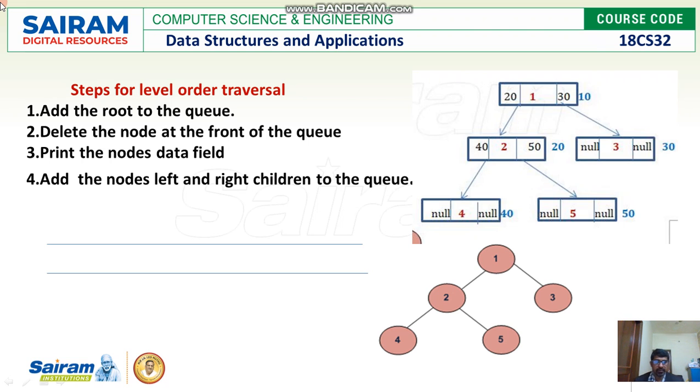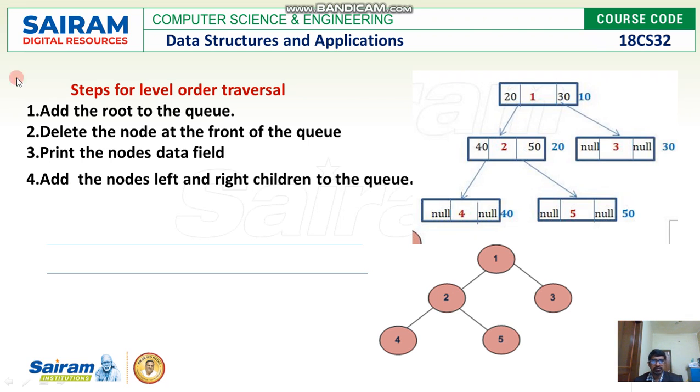As you could see, we have taken a tree with 5 nodes. The same tree we converted into a list format, and you have to start with the first node. The first node is 1, so you have to add this into the queue. Then you have to delete what is at the front of the queue. Obviously you take out the root node from the queue and print its data.